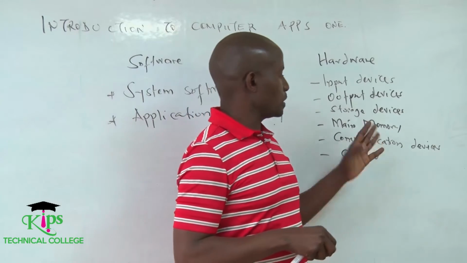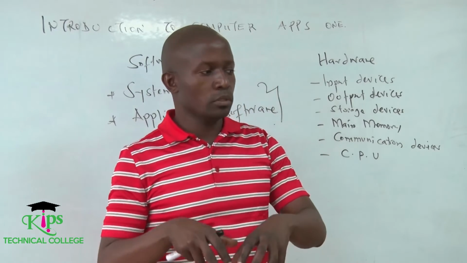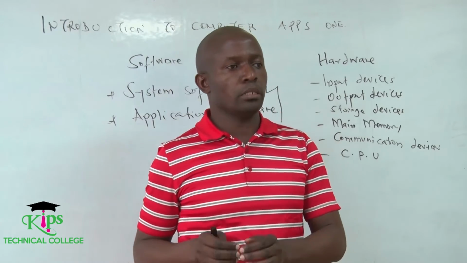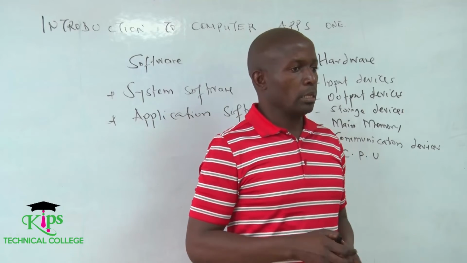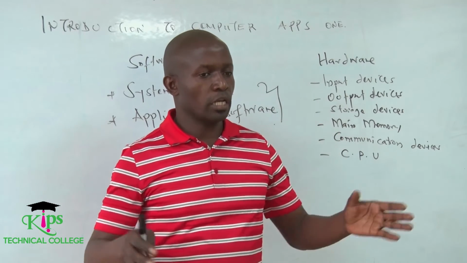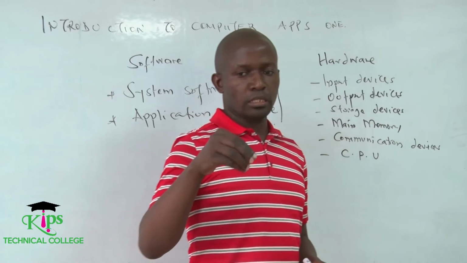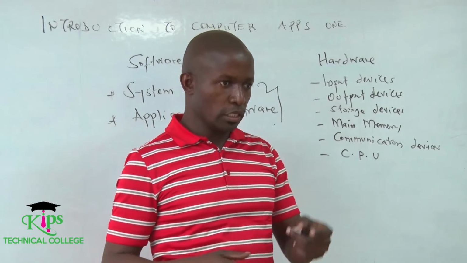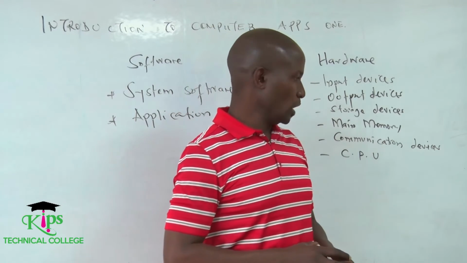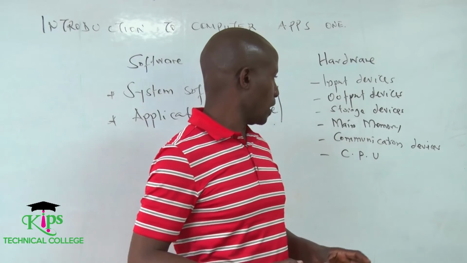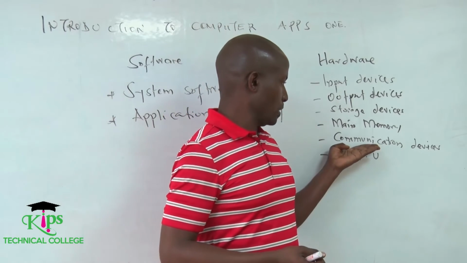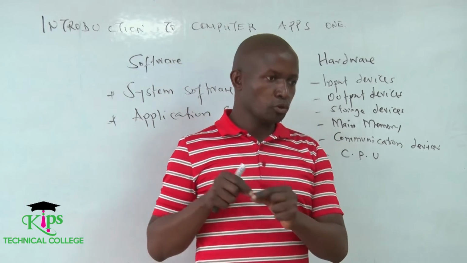The communication devices are those devices that we use to link our component with the next. So if I have 10 machines in a computer lab and I want to communicate with somebody who is seated in computer number, say, 4, and I'm on computer number 1, I must have some communication devices that will be able to link me.